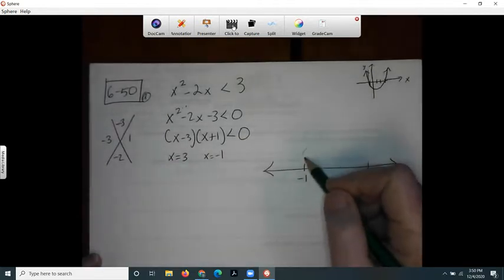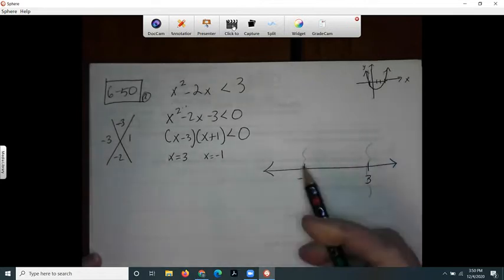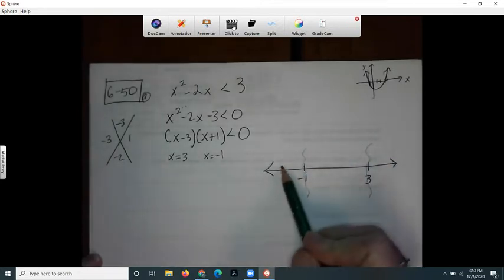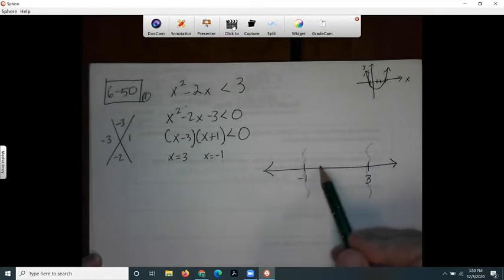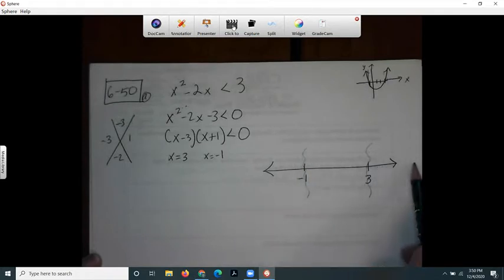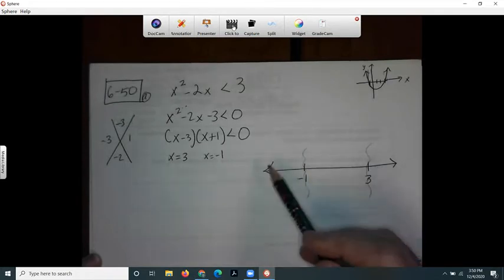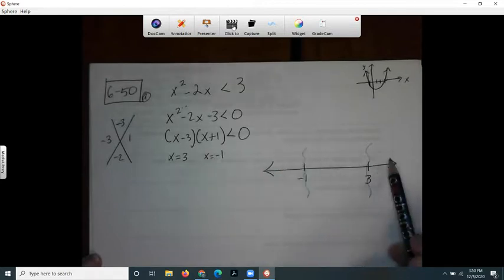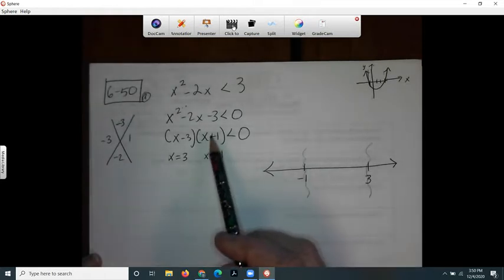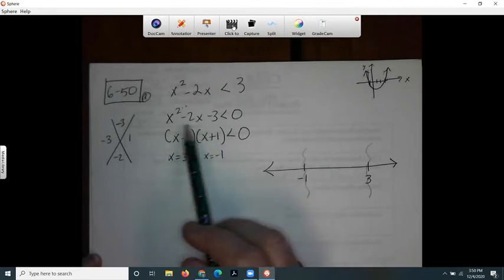There's a region to the left of -1, a region between -1 and 3, and a region to the right of 3. I'll test points in each of the 3 regions to see if they are solutions. A solution makes the left-hand side negative because it says less than 0.